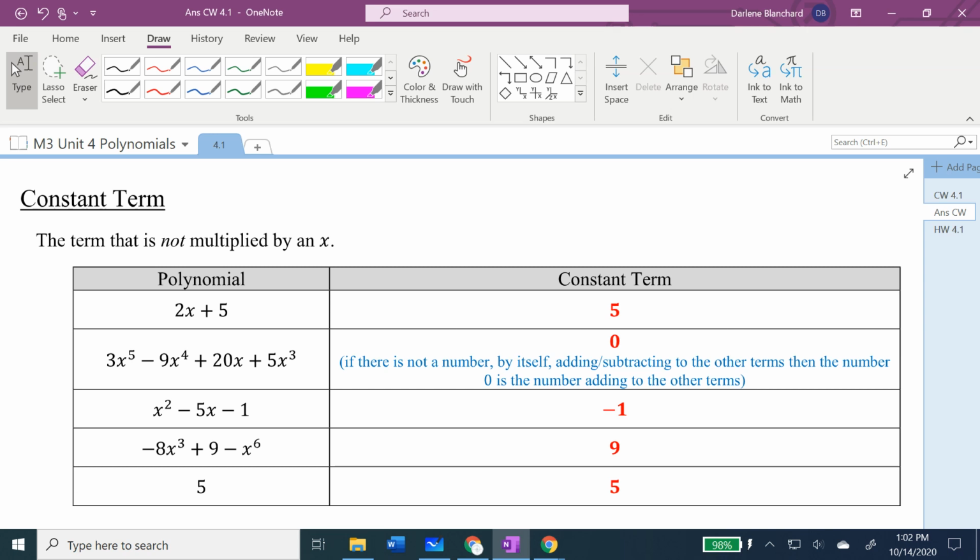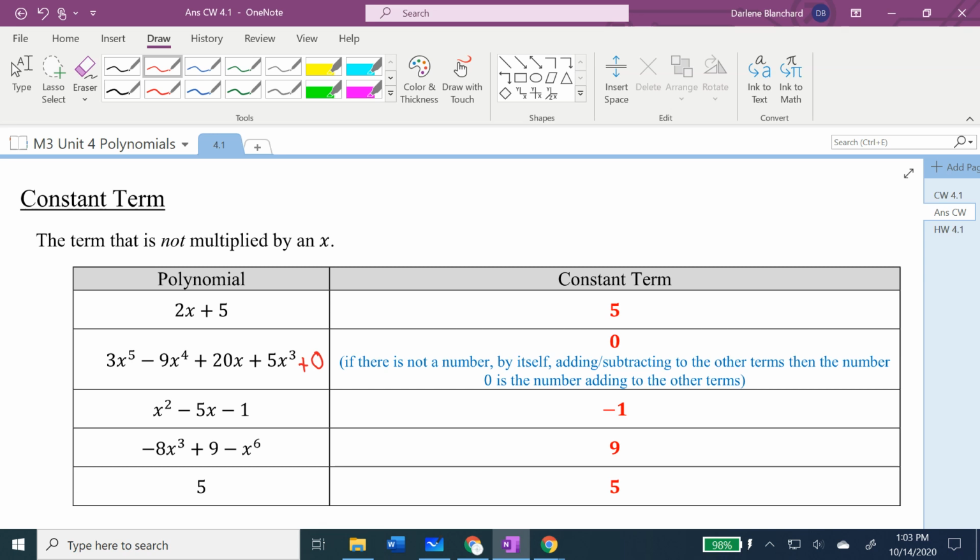Therefore, we understand that technically there's plus 0 sitting on the side. And if we need to talk about the constant term of that polynomial, we will say 0 is its constant term, even though we don't see it. Then for the third one, I have a minus 1, but that entire negative with the 1 is considered the constant term.